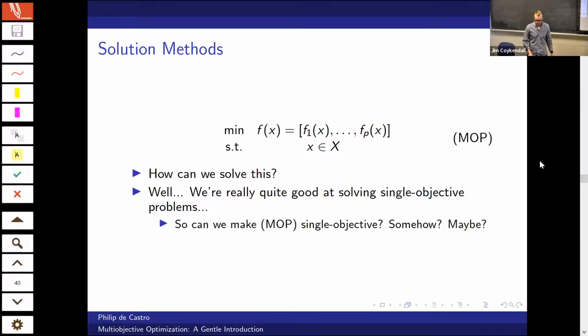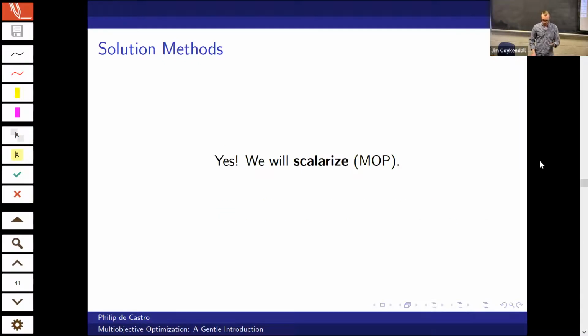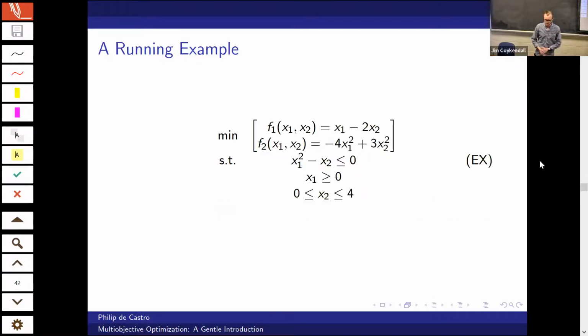How can we do this? We do it by scalarizing. That's basically what the weighted sum method and epsilon constraint do. They're two different ways of taking this multi-objective problem and turning it into a single objective problem, and there are two different perspectives on doing that.